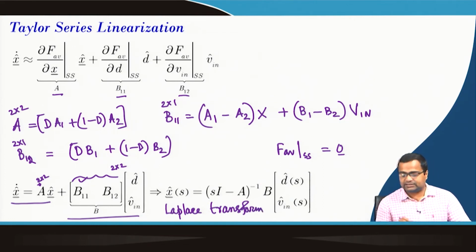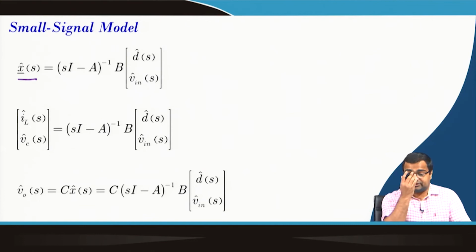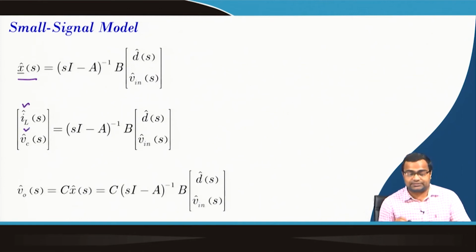So, we can derive the small signal model x̂(s) in terms of (sI − A)⁻¹ B times the input. What is x̂(s)? It is îL(s) and v̂c(s), the capacitor voltage, and the output voltage is nothing but C into x̂(s). So, it is C into (sI − A)⁻¹ B into this term.